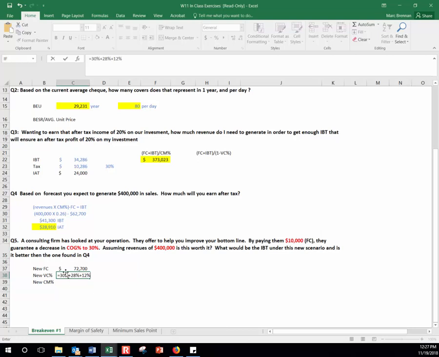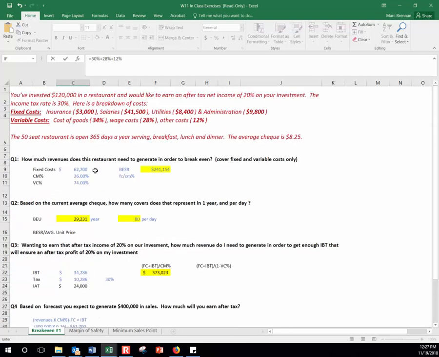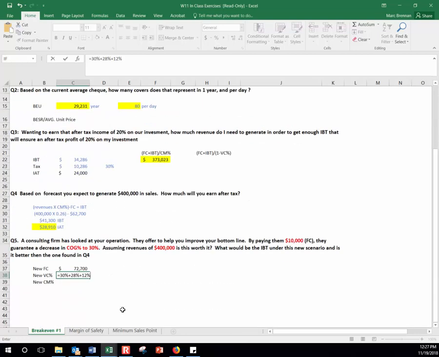And if you're not too sure where this 30% is, this consulting firm is suggesting they can decrease my cost of goods to 30% instead of 34% here. Okay? So if I add them all up, 70% is my new variable cost percent. Therefore, my contribution margin percent, which is 100% minus variable cost percent, in this scenario is 30% now.